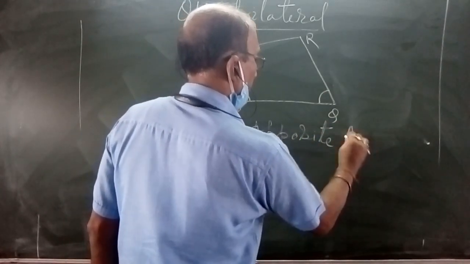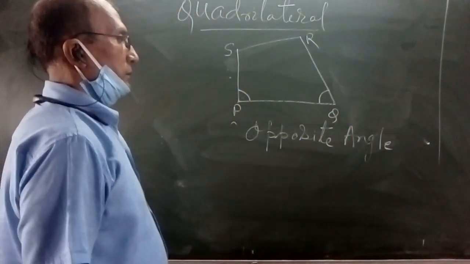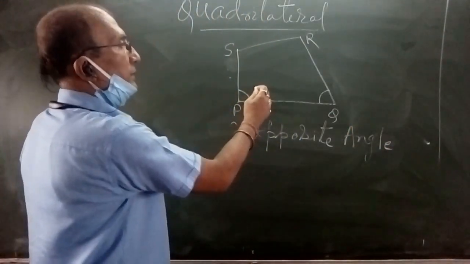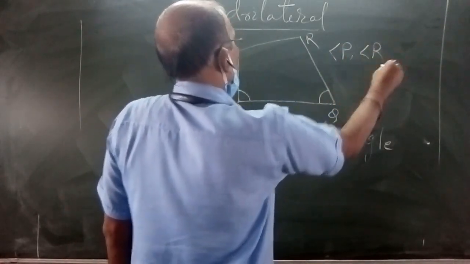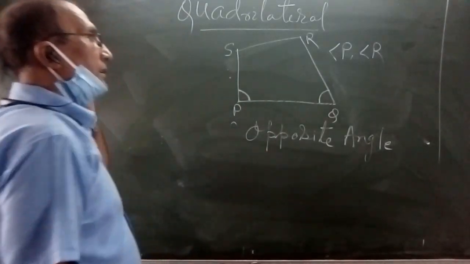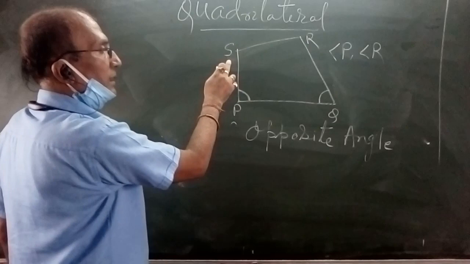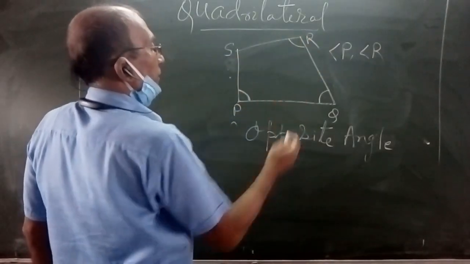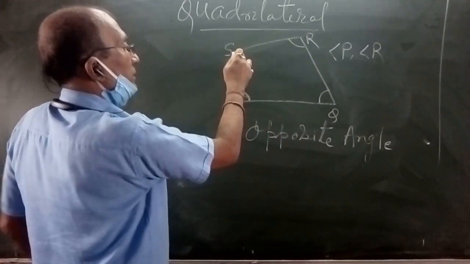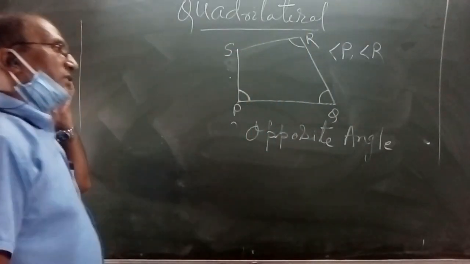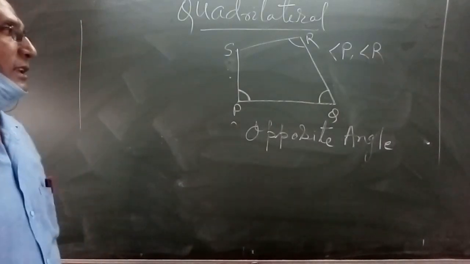For example, in this figure, angle P and angle R. Angle P is made up by side PQ and PS, and angle R is made up by side QR and RS. So we say angle P and angle R are opposite angles.